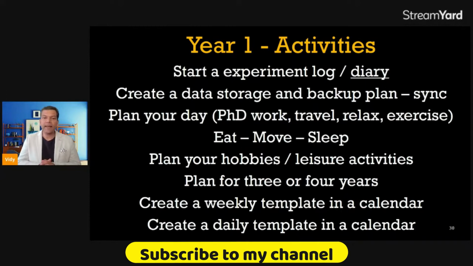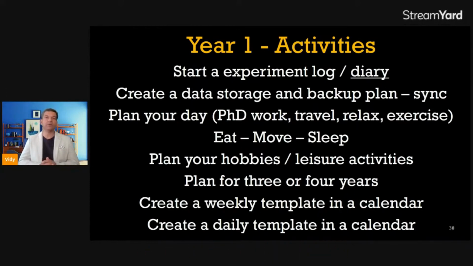Create a weekly template in a calendar and a daily template in a calendar. If you're using any calendar software, maybe it's Outlook or Google Calendar or any other calendar of your choice, create a weekly plan. What is it you're going to do on day 1, day 2, or Monday, Tuesday till Friday?